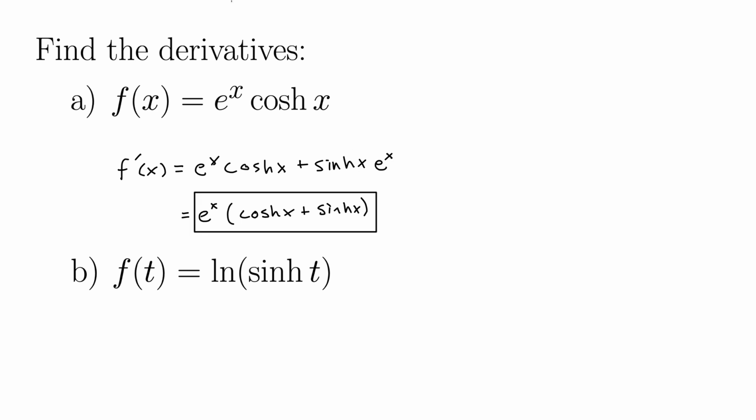Okay, part B, f of t equals natural log of sinh t. Let's take that derivative. F prime of t is, all right, derivative of natural log is 1 over whatever's inside it. It's 1 over sinh t times the derivative of the inside. Well, the derivative of sinh is cosh t.